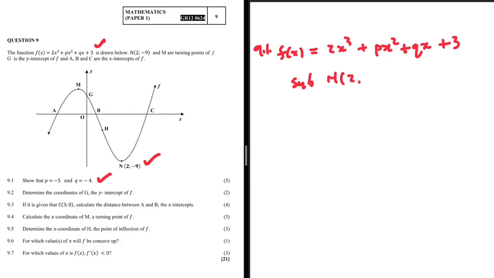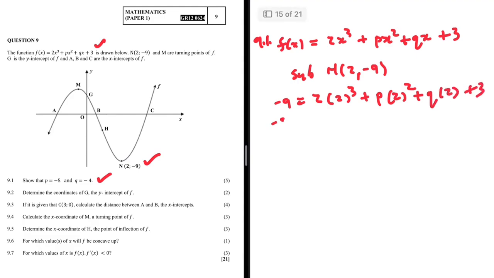The x value is 2 and the y value is minus 9. So we will have minus 9 is equal to 2 multiplied by 2 to the power 3 plus p multiplied by 2 squared plus q multiplied by 2 plus 3.